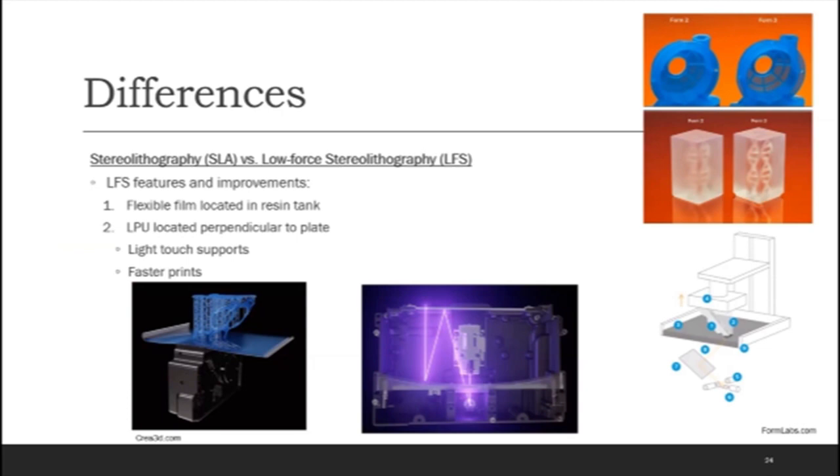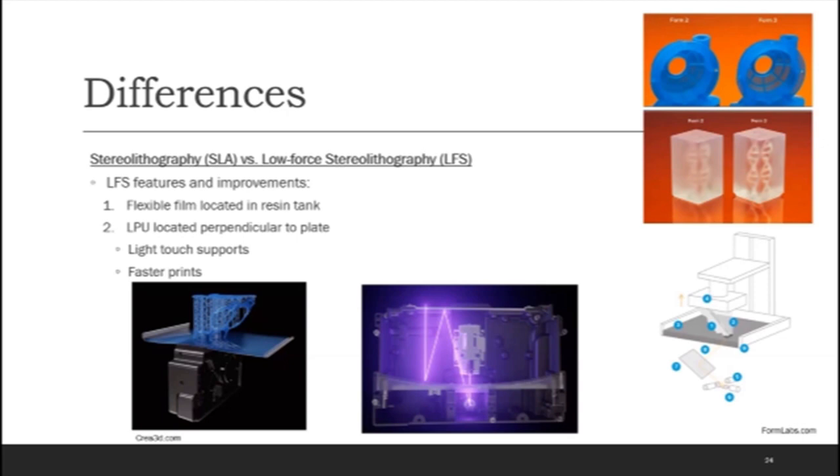And this is what FormLabs came up with when they were building the Form 3. And this has two main things that make the Form 3 an improvement from the Form 2. One, it has a flexible film located at the base of the resin tank. And also it has a new LPU, light processing unit, that is located perpendicular to the tank, to the plate once it starts curing.